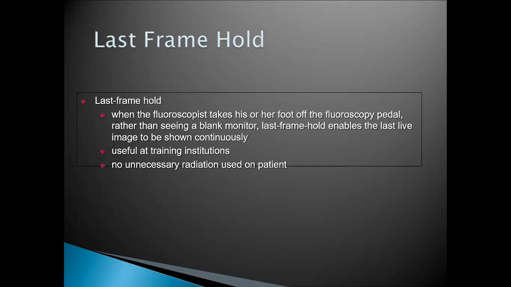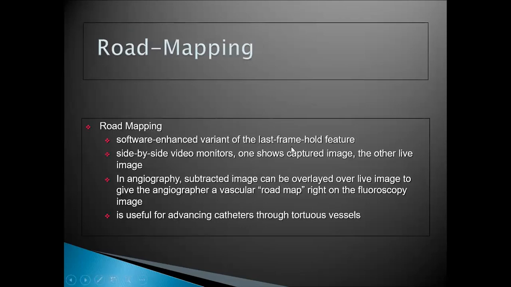You are not advancing the catheter. Maybe the radiologist has just stopped to look at that. Nothing is actually happening, but we just want to look at a particular portion of the passage of the catheter. So it is a very, very good feature on our fluoroscopy machine.